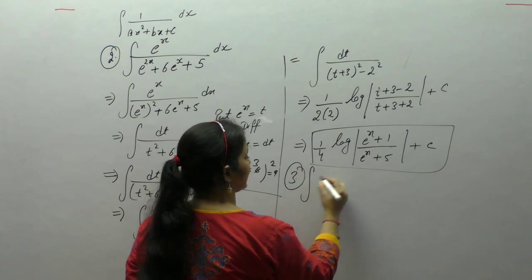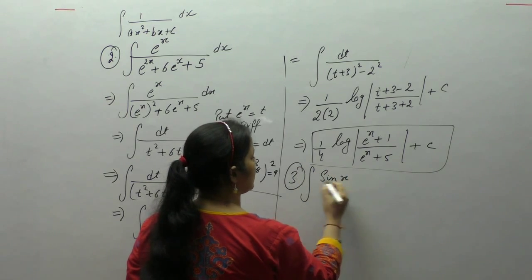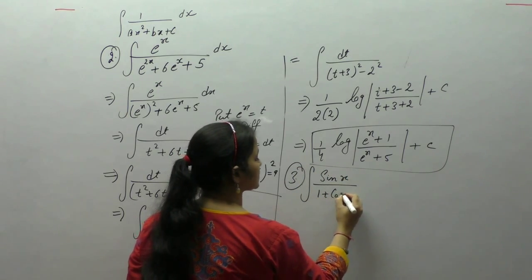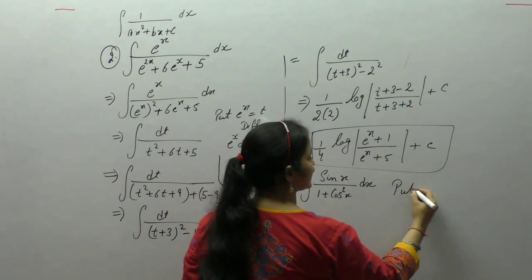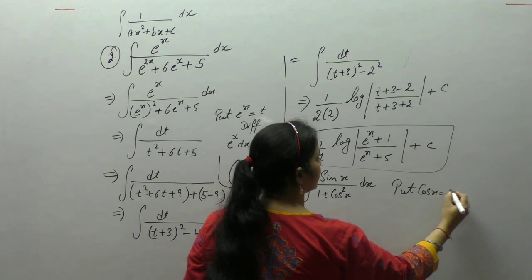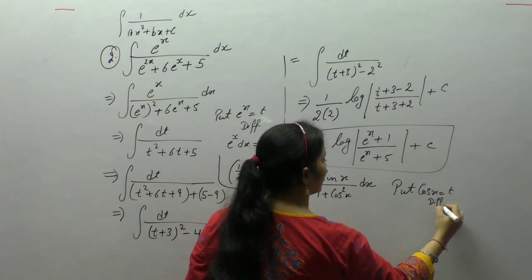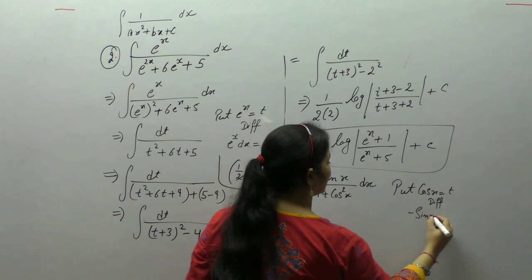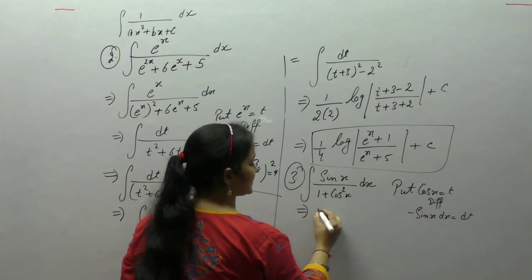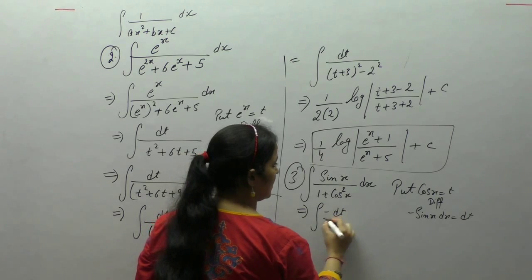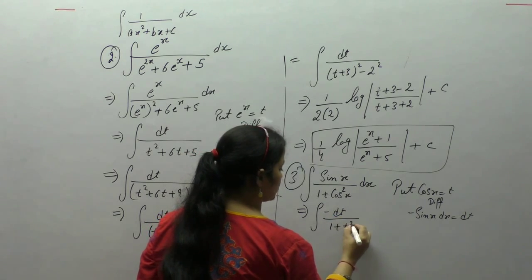Next is integral of sine x upon 1 plus cos square x dx. Put cos x as t. The derivative of cos x is minus sine x, so sine x dx is dt with a minus sign. The value of sine x dx is minus dt, upon 1 plus t square.